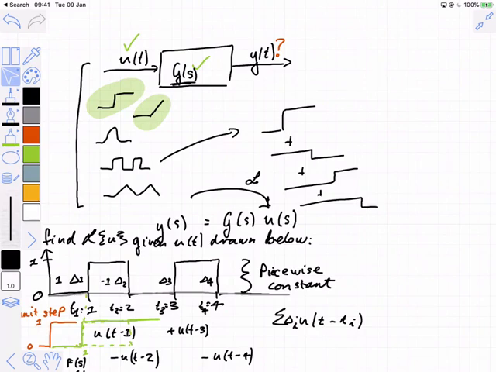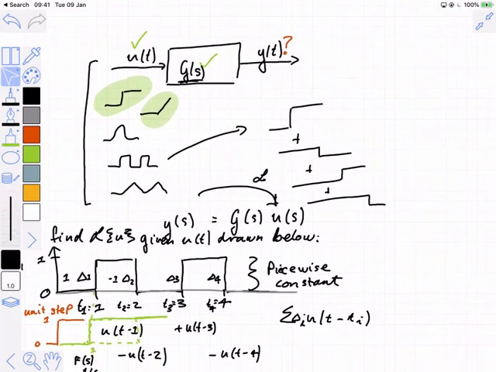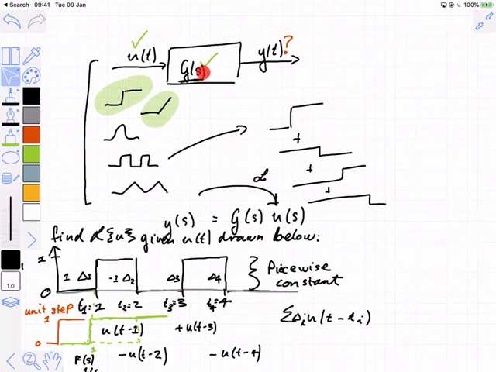The other thing that we're going to achieve is we're going to be able to reason about the behavior of G even without doing the inverse Laplace transform. Because we'll see some patterns emerge where just looking at the transfer function gives us information about how that system will respond.